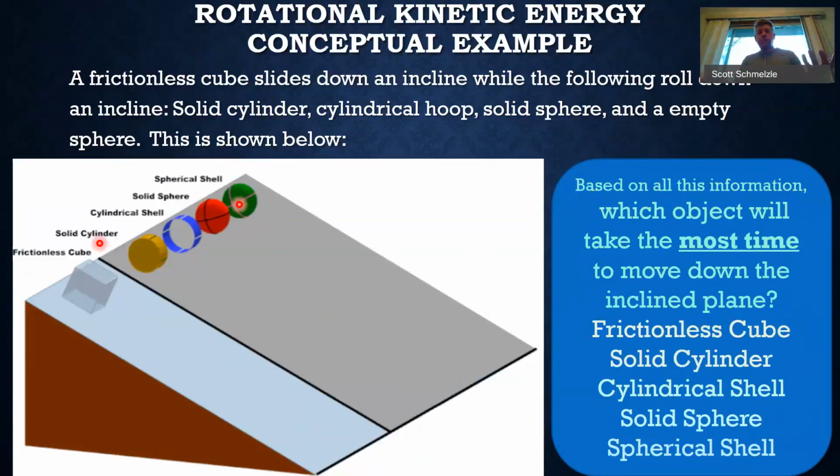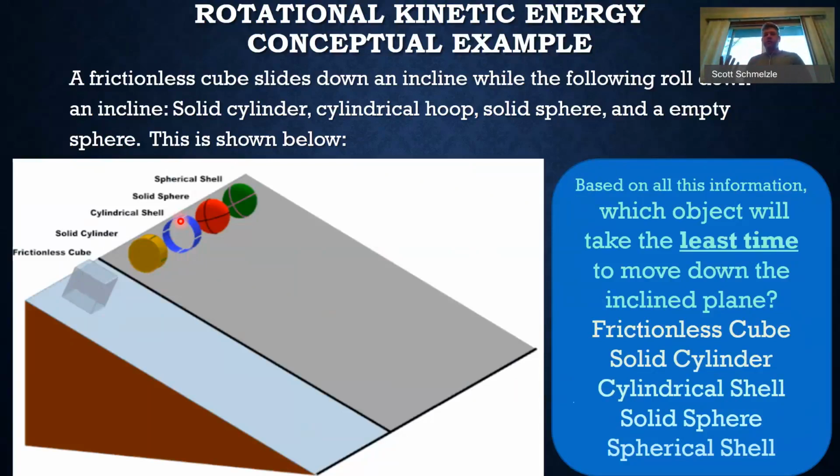If we remember, the one that had the largest moment of inertia was that cylindrical shell. If our mass and radius are all the same, it was just mr squared. It wasn't half mr squared or 2/3 mr squared or 2/5 mr squared like the other ones. So the cylindrical shell, the hoop, should be the slowest.